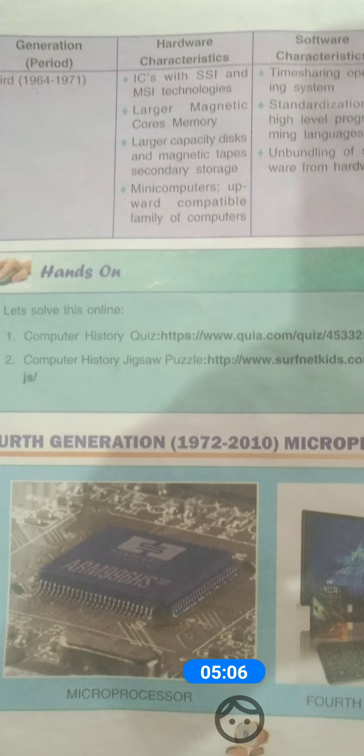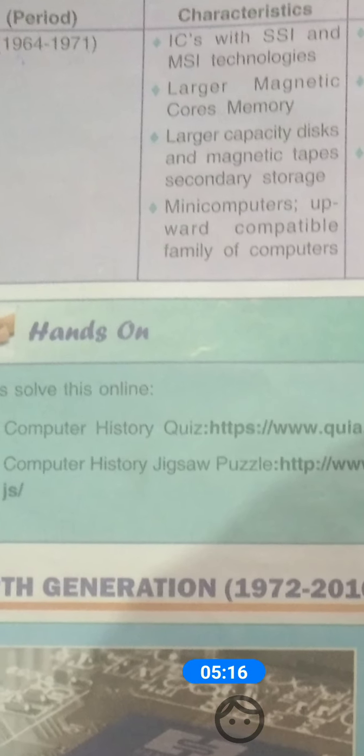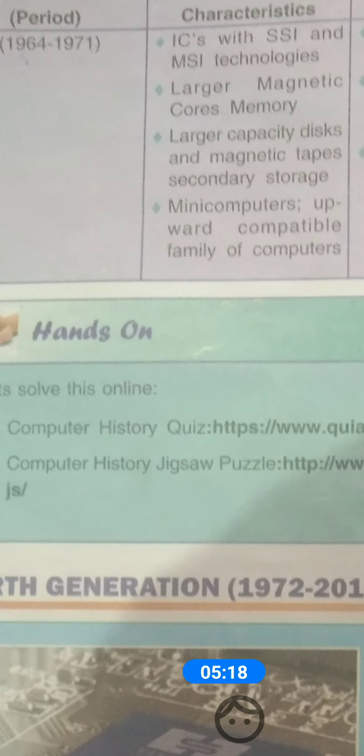Earlier, in the second generation, magnetic core memory was introduced, but in this generation larger magnetic core memory was used. Then larger capacity disks and magnetic tapes for secondary storage.